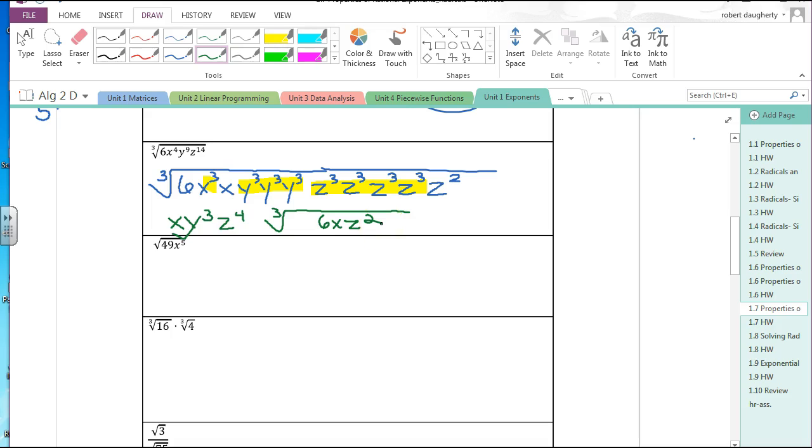Okay? So how we organize it, the root being a cube root tells us how to organize everything. Now, what some people would do when they get to this 14th, the cube root of z to the 14th, you can just write that as the cube root of z cubed to the 4th.